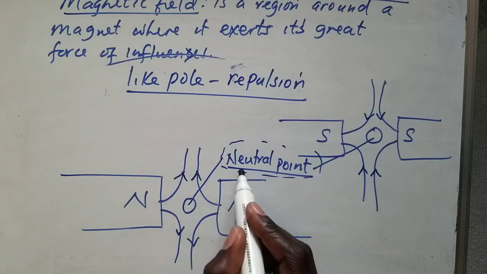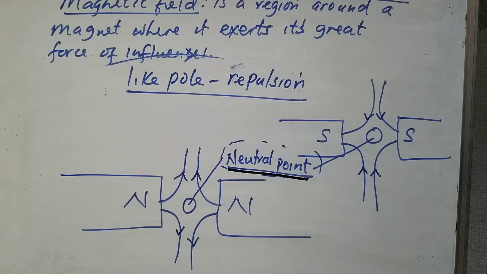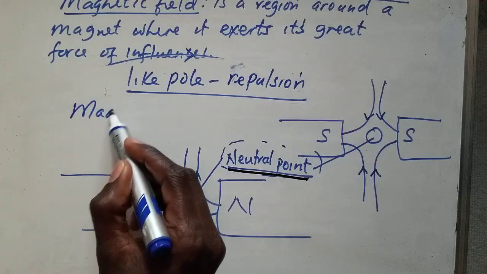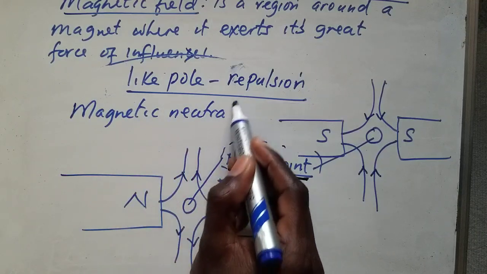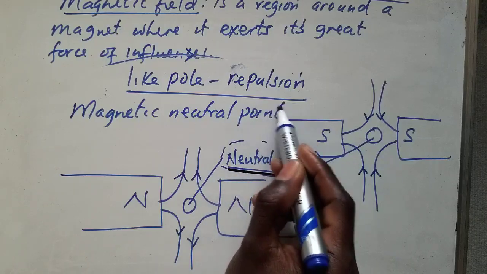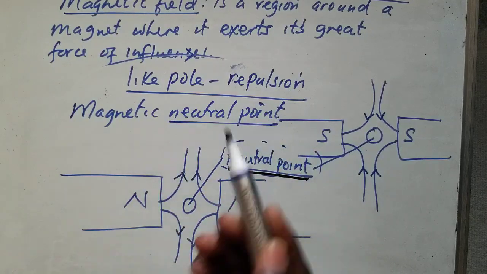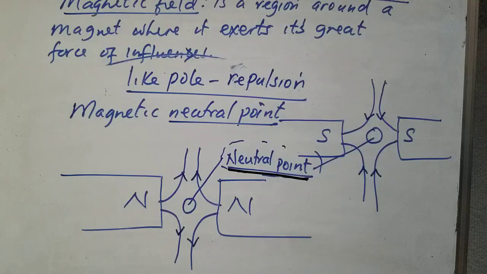Why? Because the magnetic fields are going to cancel themselves out. So that region is simply called a neutral point. Because it's between magnets, there's nothing wrong with you calling it a magnetic neutral point. Why? Because it's existing between two magnets, but the region is simply called a neutral point.